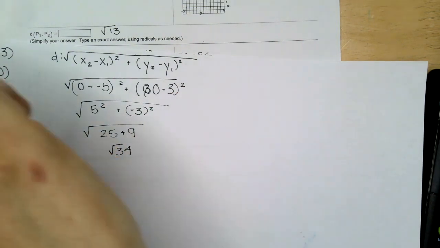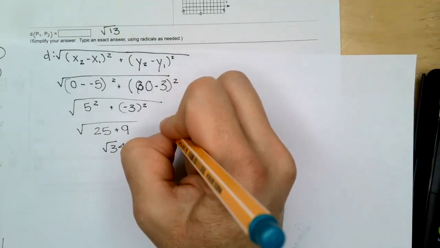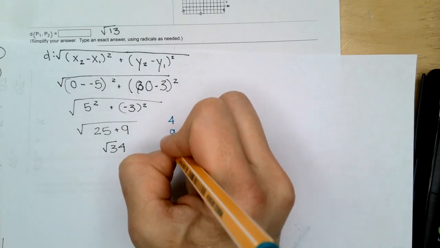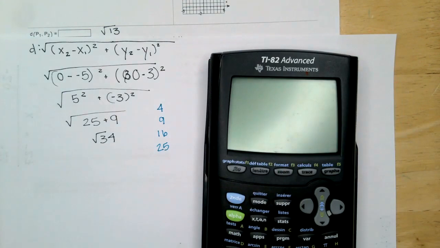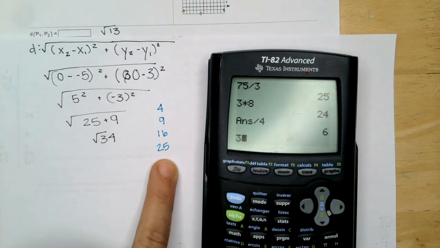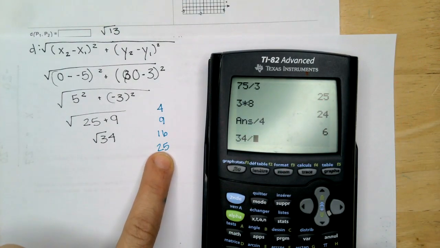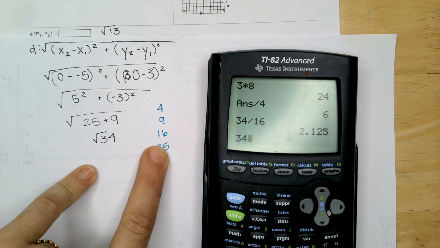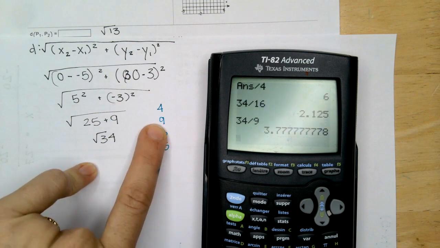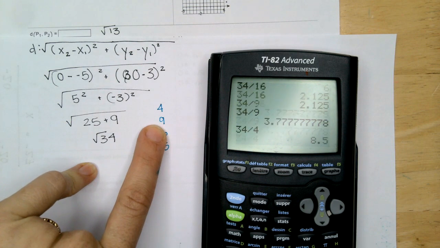Make sure you cannot divide 34 by 4, by 9, by 16, or by 25. Okay? Start with your higher number. 34, I'm not going to be able to divide by 25. Divided by 16? No. 34 divided by 9? No. 34 divided by 4?